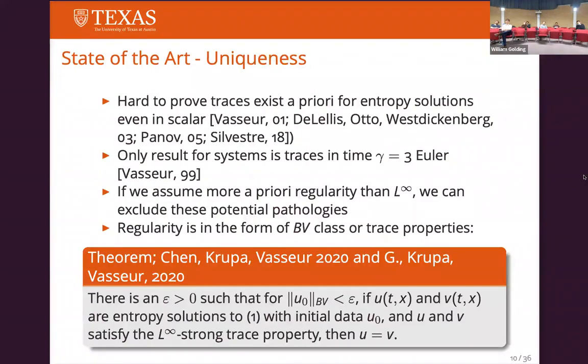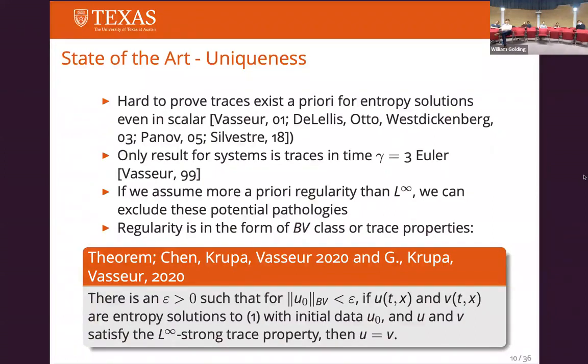And so with this in mind, it's really hard to prove a priori that these kind of trace properties exist for even scalar equations. So there was a whole bunch of work on this at the beginning of the 2000s, and more recently, wrapping up with the latest work of Celestia.